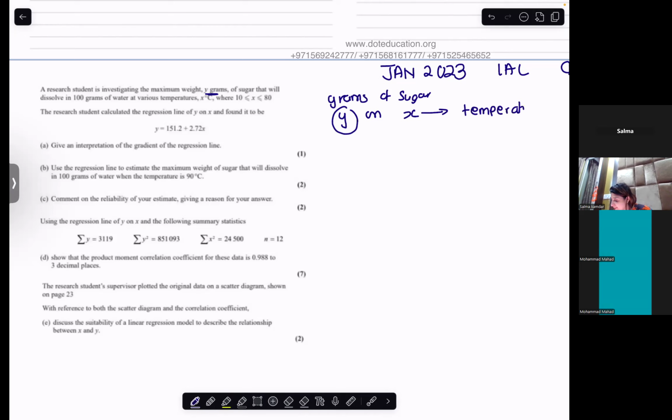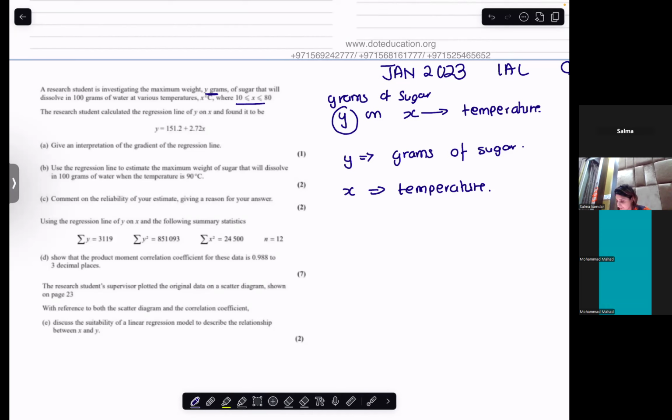Can you define the parameters for me? What is y? Y is the grams of sugar that will dissolve in 100 grams of water, and x is the temperature, where x is between 10 and 80. Can you explain the meaning of this?